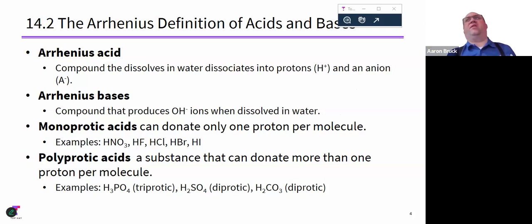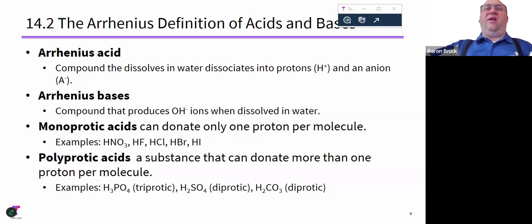So much of our discussion in Chem 105 was all about the definitions of acids and bases according to Arrhenius. And the reason we use the Arrhenius definitions first and foremost in Gen Chem 1 was simple. Arrhenius acids are easy to pick out. Arrhenius bases are easy to pick out because they're formula based.